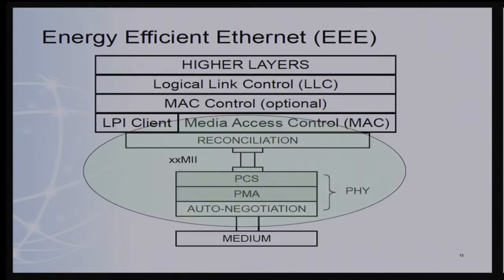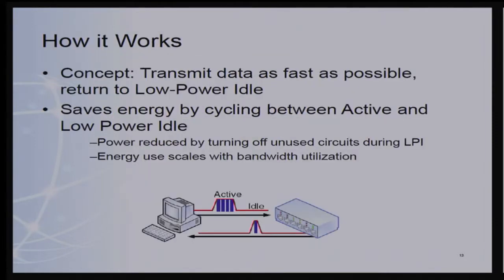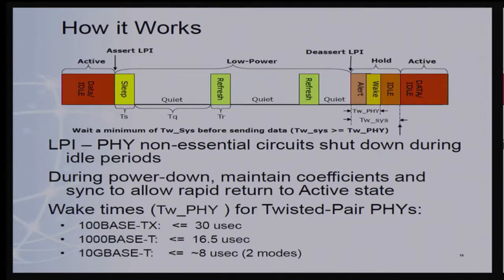And this is just a picture to show where in the Ethernet stack EEE fits. The idea is to send the data as quickly as possible and then switch into a low power idle mode. The energy savings comes from cycling into LPI when there's no data to send.